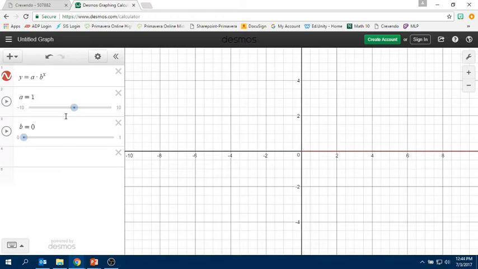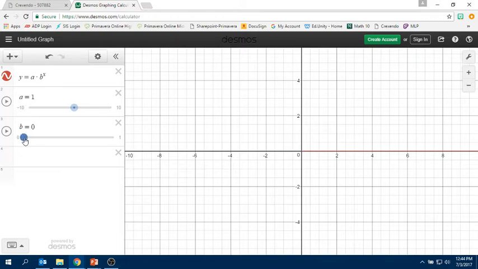Well, then we still get 0. And 0 times anything is still 0. So we just get the function that y is equal to 0. Well, that's a horizontal line at 0. And that's why we're just seeing this horizontal line here. And that's why we say that B cannot equal 0. Because if B is equal to 0, you see that we don't even get an exponential function anymore. We get the equation of a line.